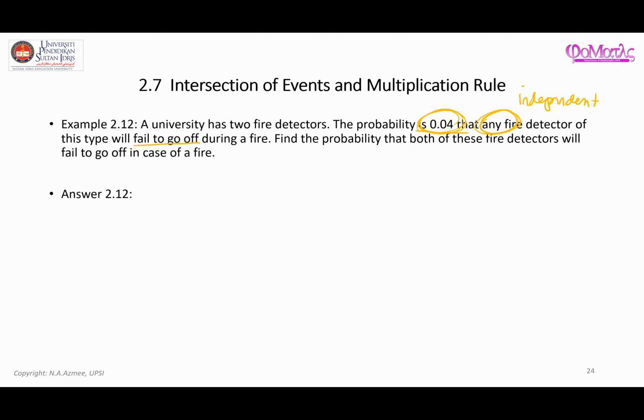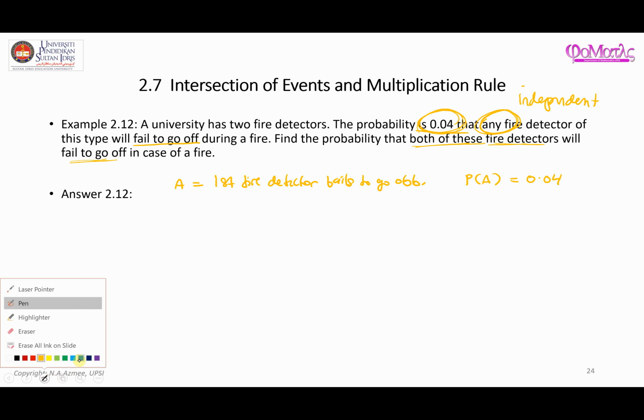Now, find the probability that both of these fire detectors will fail to go off in case of a fire. I'm going to define my events as such. A is the event where the first fire detector fails to go off, and I know the probability of that happening is 0.04.